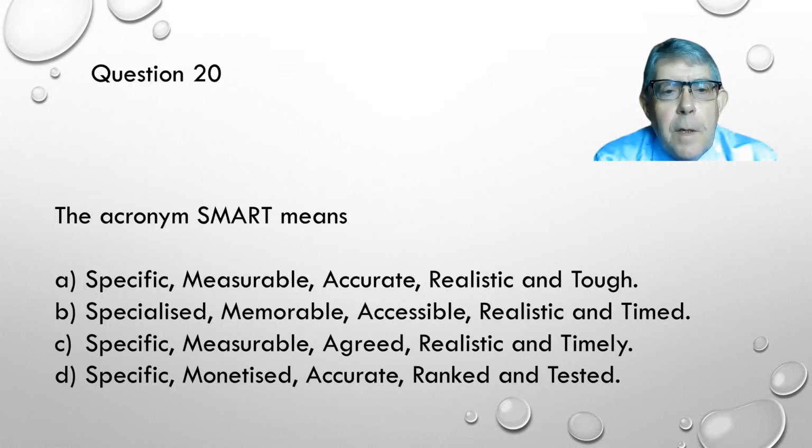Question 20. The acronym SMART means A, specific, measurable, accurate, realistic and tough. B, specialised, memorable, accessible, realistic and timed. C, specific, measurable, agreed, realistic and timely. Or D, specific, monetised, accurate, ranked and tested?